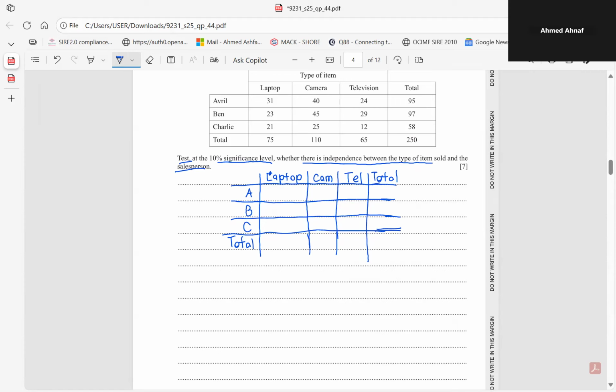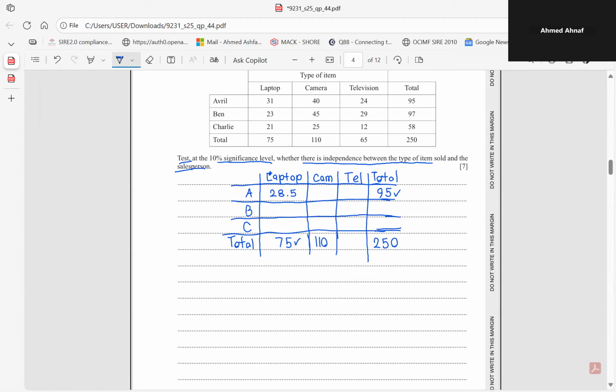To find the expected frequency for each cell, you take the total of the row and the total of the column, multiply them, and divide by the overall total, the random sample of 250. So 75 times 95 divided by 250, the expected frequency is 28.5.